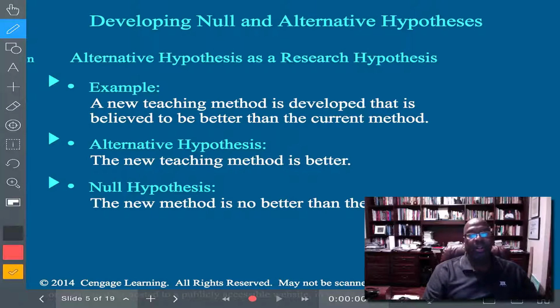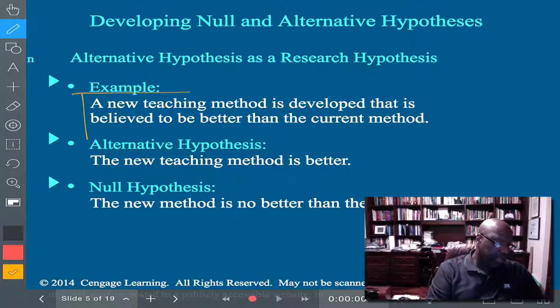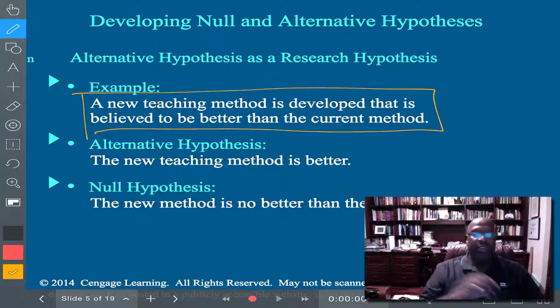So here's the alternate hypothesis as research hypothesis. If we were testing, for example, a new teaching method, say using MindTap, compared to our traditional methods, we could say as our research hypothesis that MindTap gives us better results than our previous method.